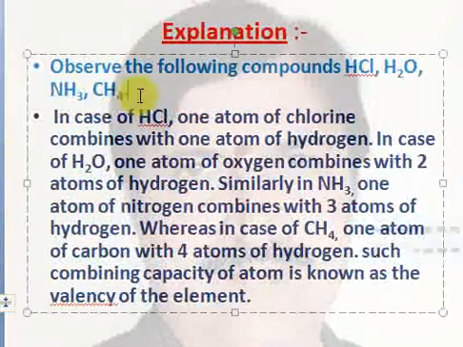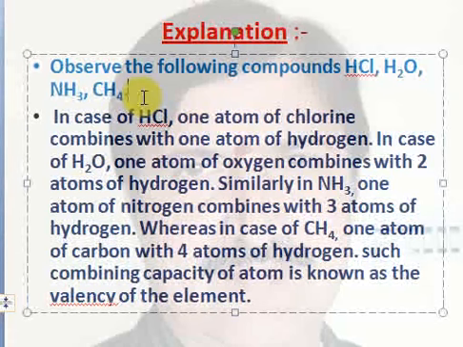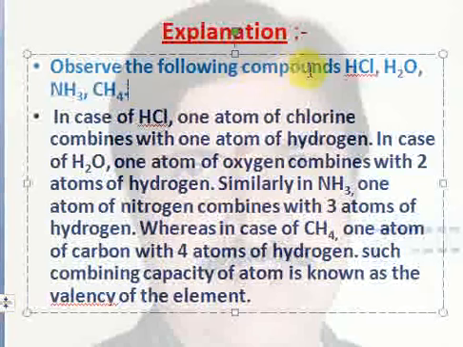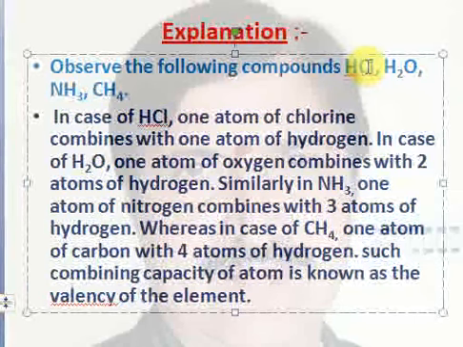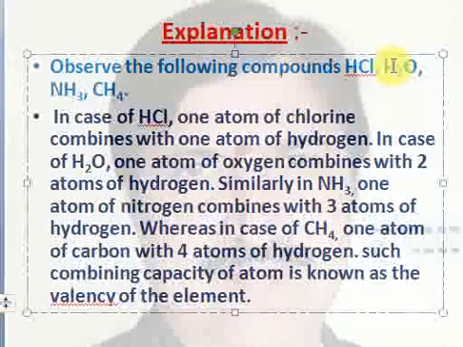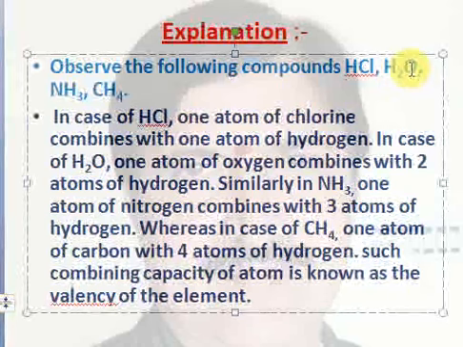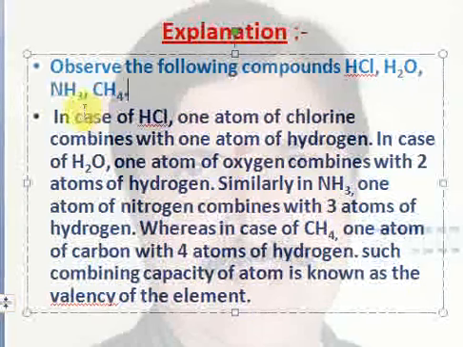So here are a few more examples with which you can make the concept clear. Observe the following compounds. HCl: here, how many H is there? One hydrogen atom combines with one chlorine atom. Here H2O: two hydrogen atoms combine with one oxygen atom.